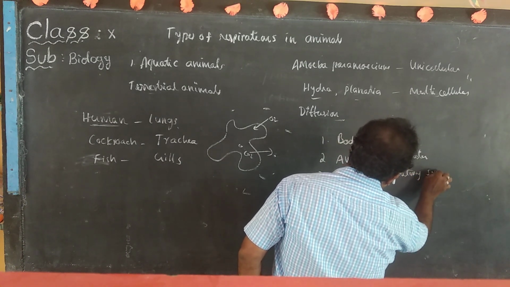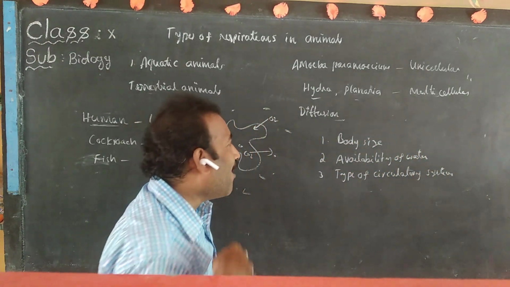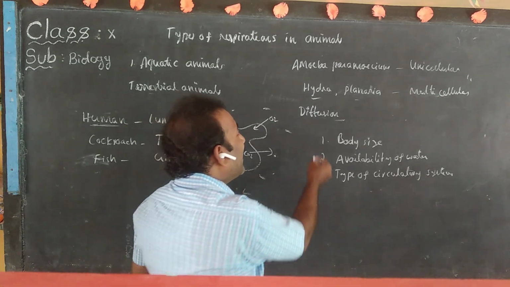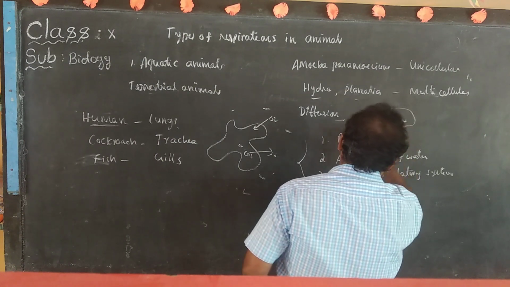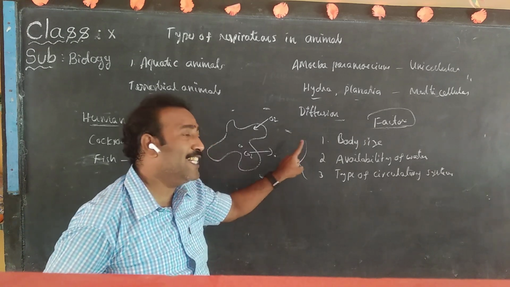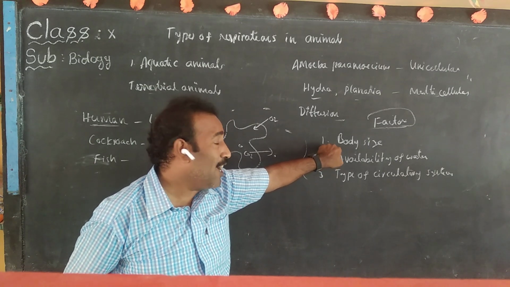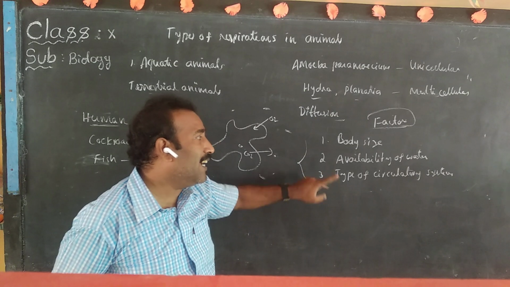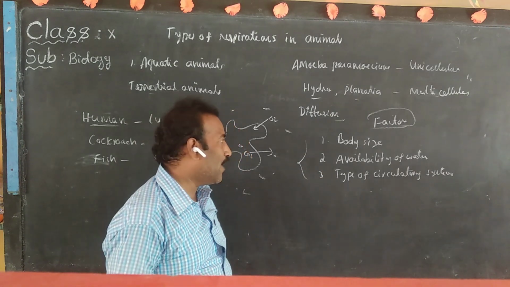The type of respiration or respiratory organs present in the body of an organism depends upon these three factors. What are the factors that determine it? One is the body size of an organism. Second is the availability of water. Third is the type of circulatory system present in the body of an organism.